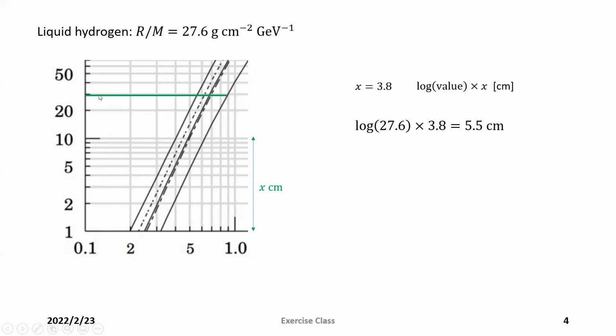So I measure 5.5 cm from here, and this horizontal line will correspond to 27.6. Just draw a horizontal line to meet with this liquid hydrogen line, and then we can obtain the value of beta gamma to be 0.9.